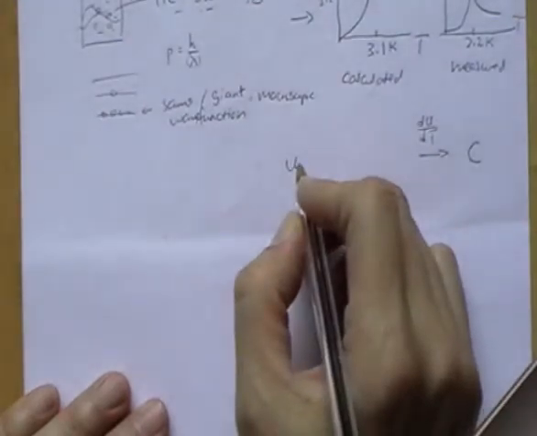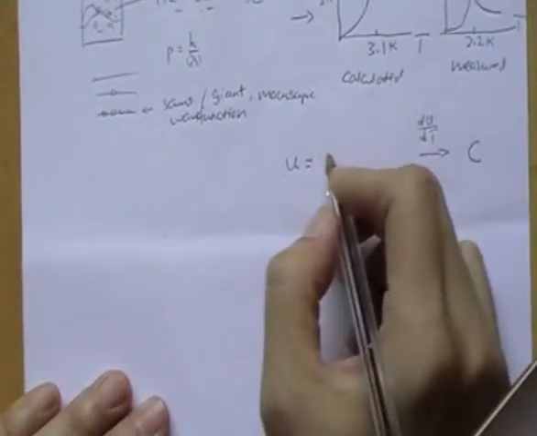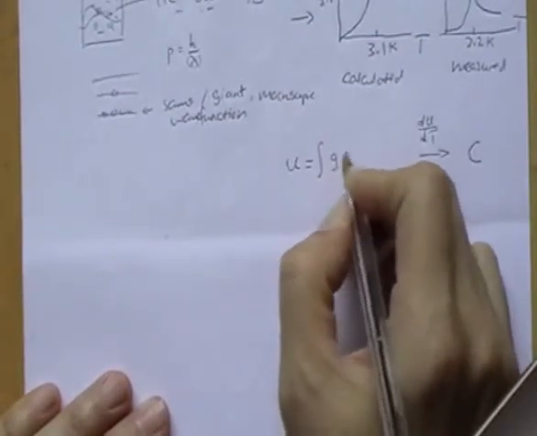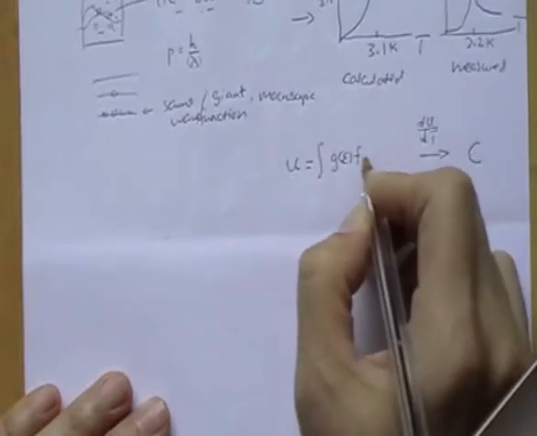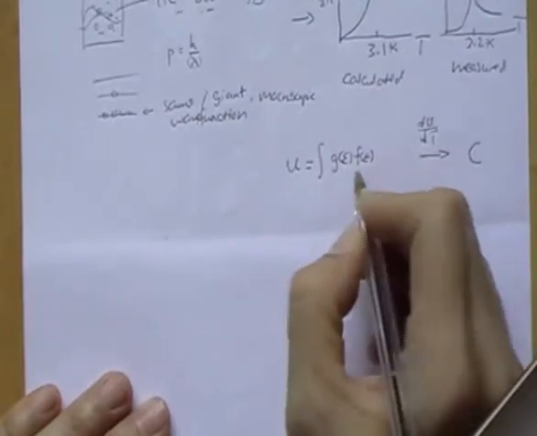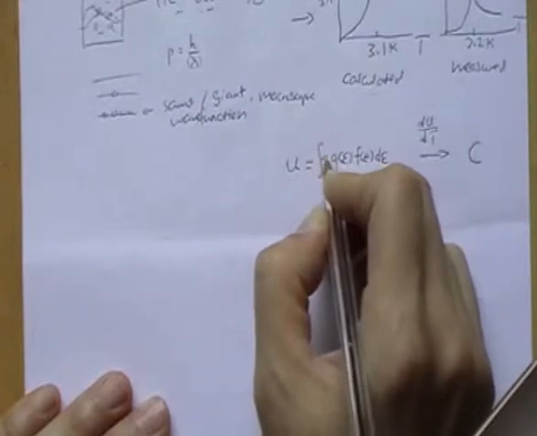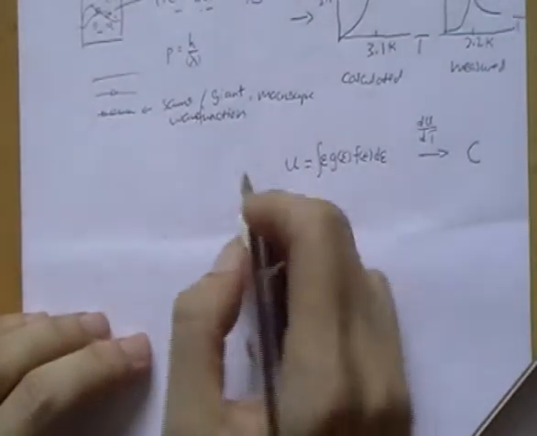And to find the total energy, we can do that if we know the density of states and the number of particles per state. Then we can integrate this, multiplying by the energy, and in principle we can find U. Okay.